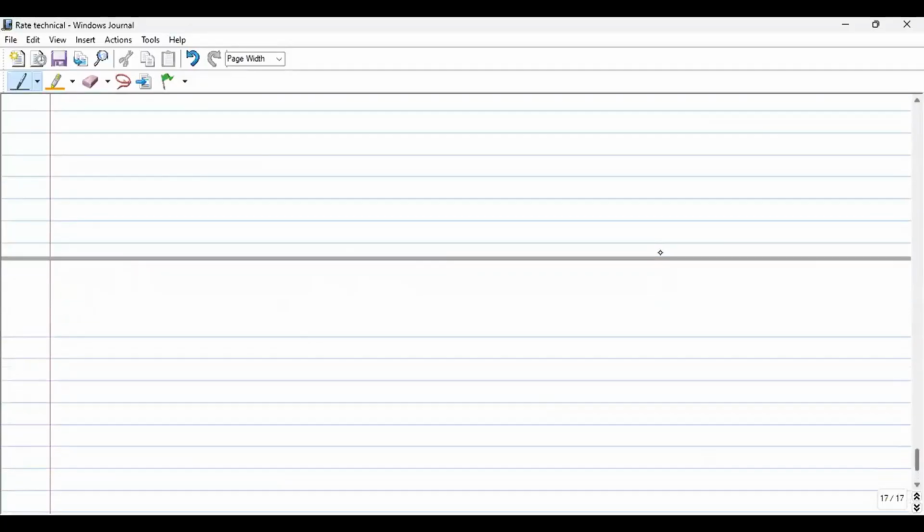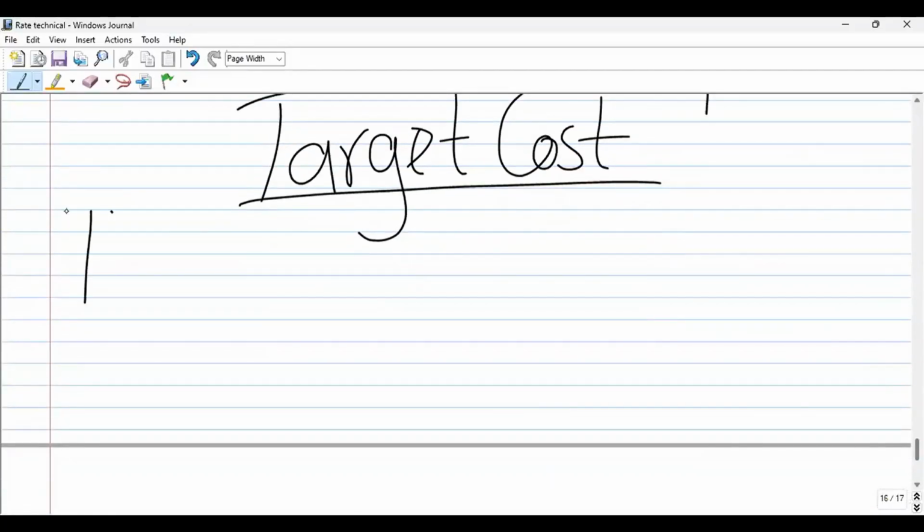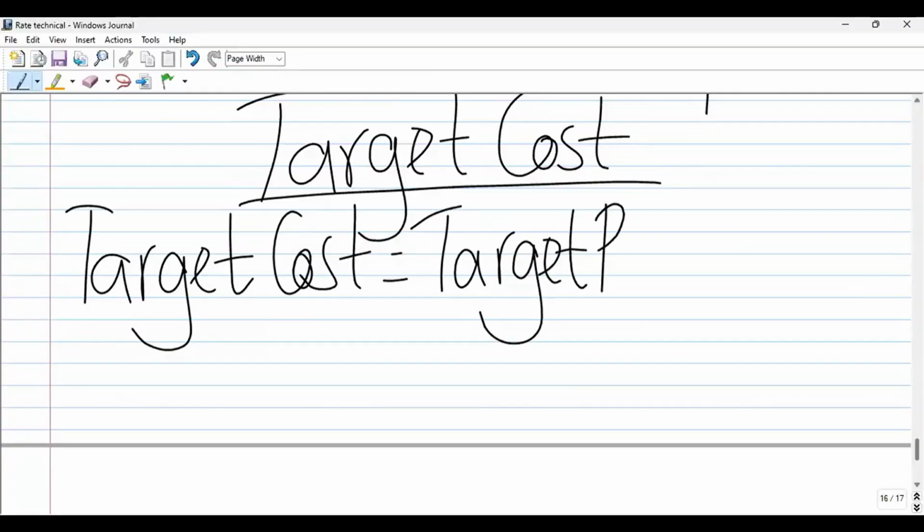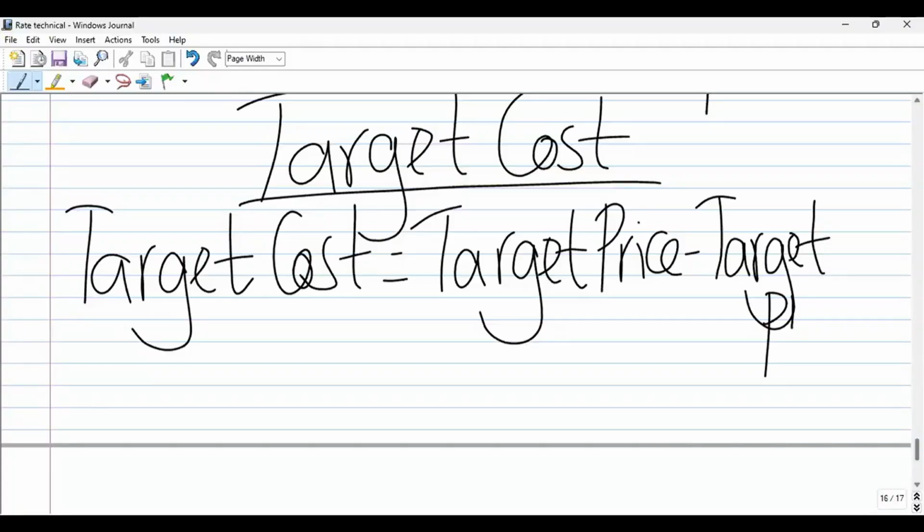Now, by formula, last time we said that target cost is equal to the target price minus the target profit, or the desired profit.